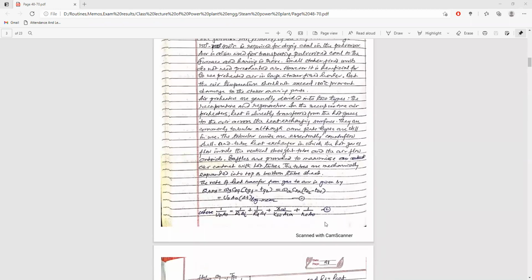The rate of heat transfer from gas to air is given by Q_PH = ω_G C_PG (T_G1 − T_G2), which is equal to ω_A C_PA (T_A2 − T_A1). What is ω_G?